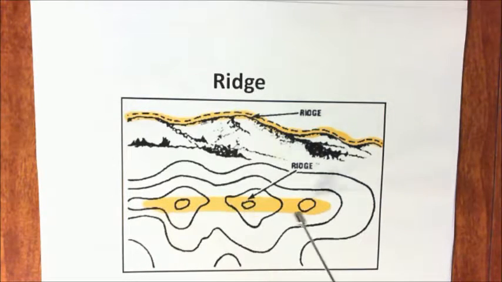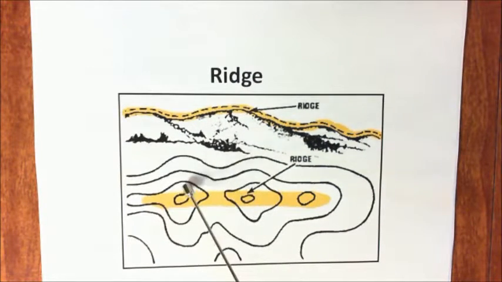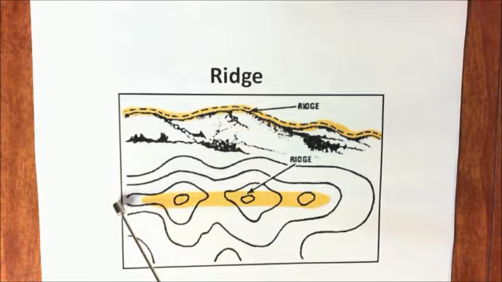So here's a hilltop, hilltop, hilltop, but the common theme is that this is the top of the mountain, because from any point on here, whether it's on that hilltop or even in the middle here, you're still going down on this side, and on the other side you're still going down, down, down. So the ridge is like this line. It's the backbone of a mountain.